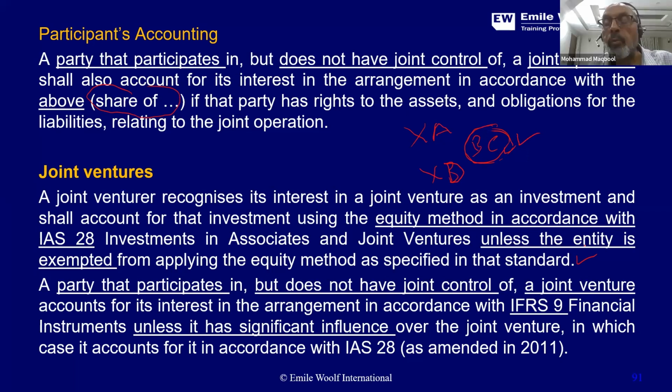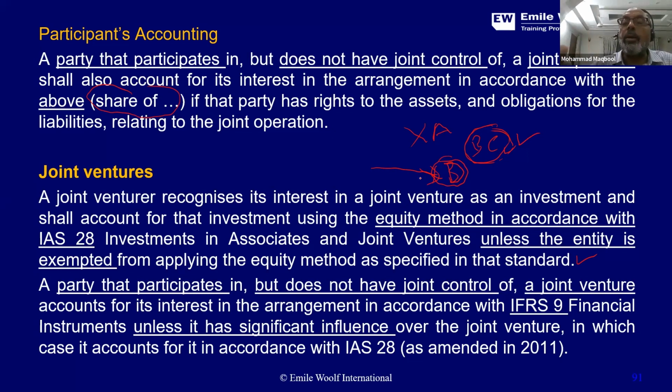In accordance with IFRS 9. Okay, financial instrument. Unless it has significant influence, like D has significant influence. So of course, they will apply IAS 28 as well. Not as being a joint control holder, a joint venturer, but for another reason.